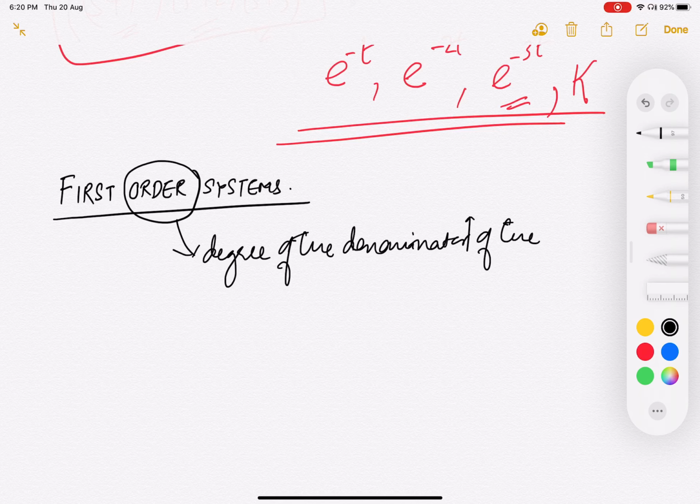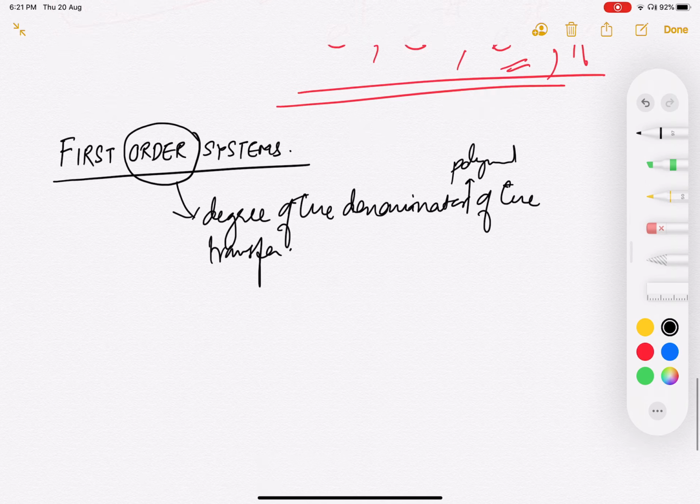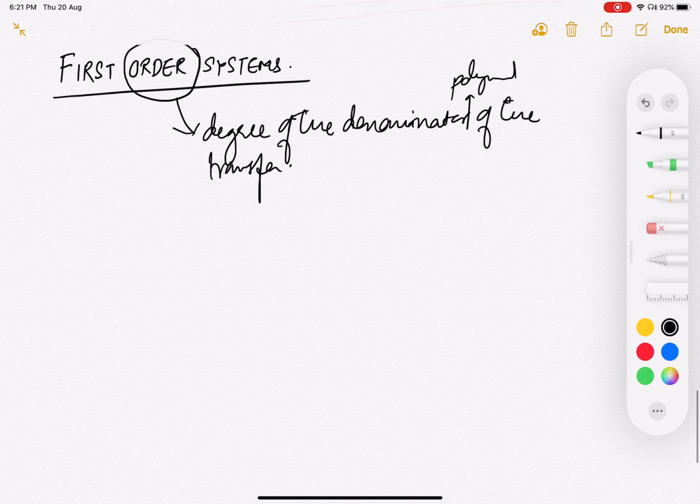Denominator polynomial, right? Which is a polynomial in s. So the degree of the denominator polynomial of the transfer function is the order of the system, right? So if the degree of the denominator polynomial is 1, it will be a first order system.